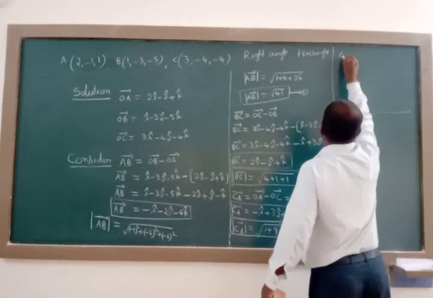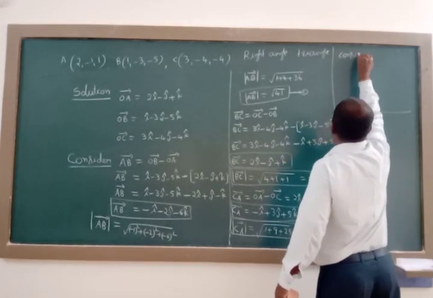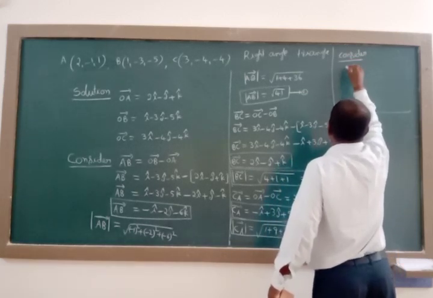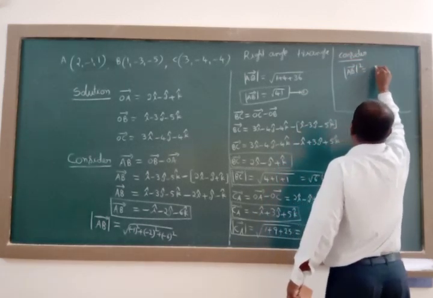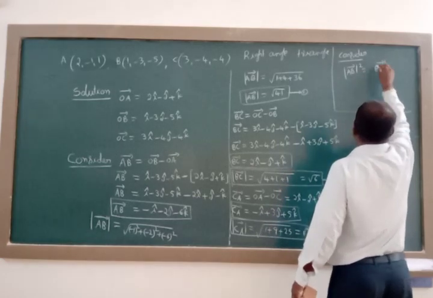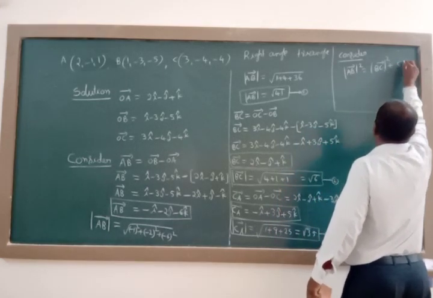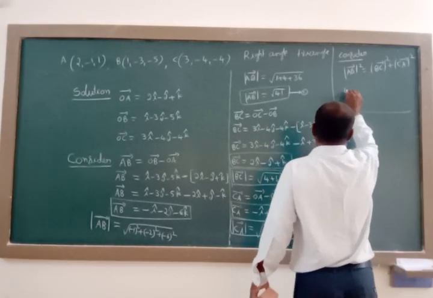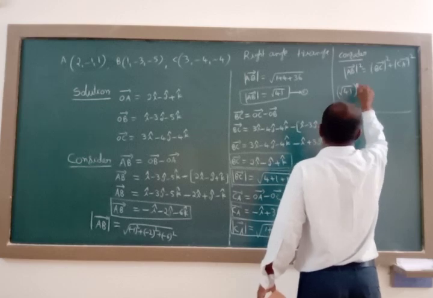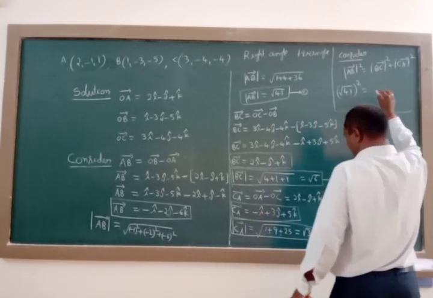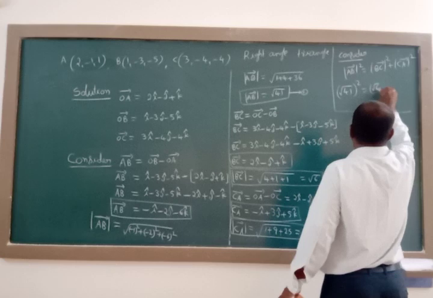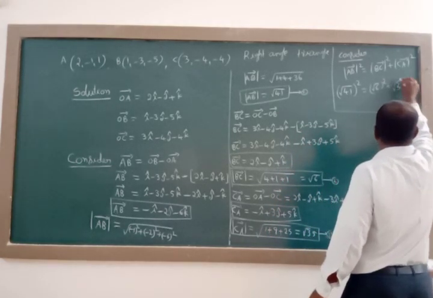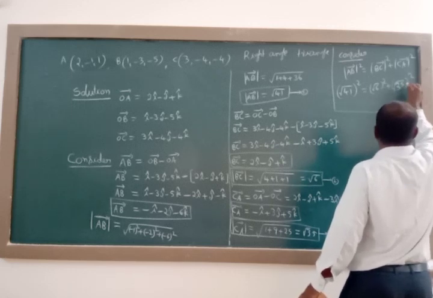Consider the statement of Pythagoras theorem. Magnitude of AB bar squared is equal to magnitude of BC bar squared plus magnitude of CA bar squared. That is, AB bar squared, square root of 41 whole squared, is equal to BC bar squared, square root of 6 whole squared, plus square root of 35 whole squared.